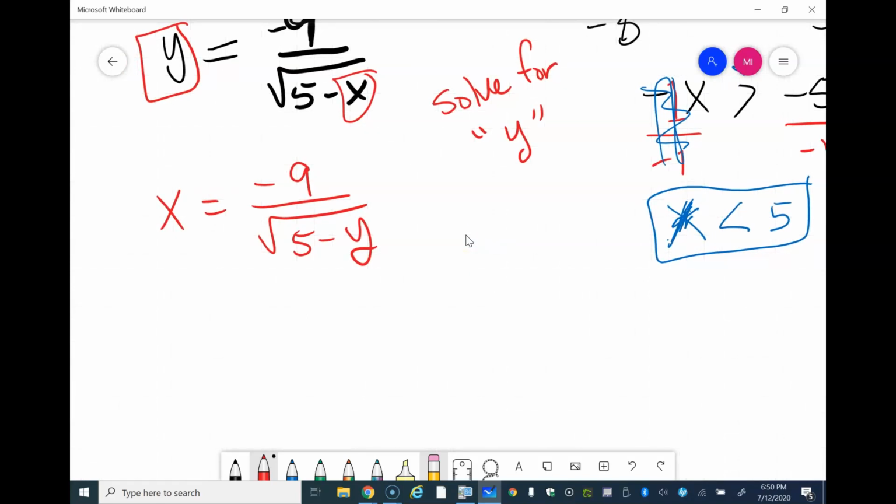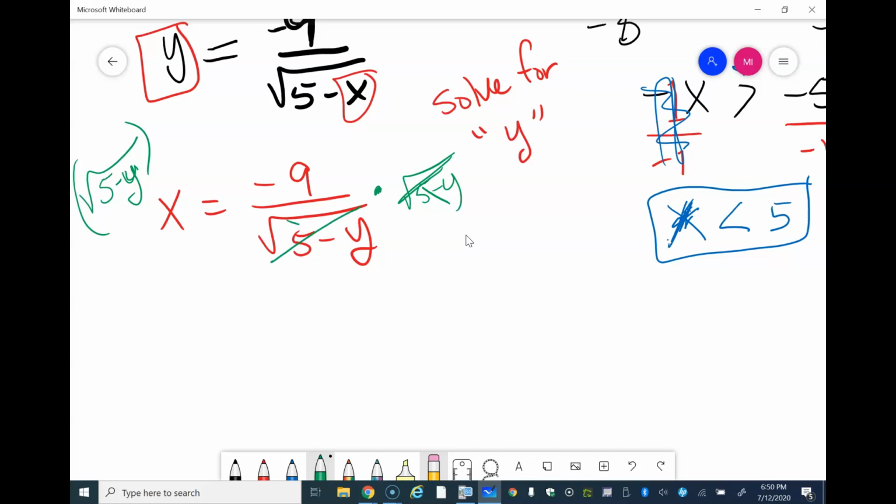The first thing we want to do is multiply. To get rid of anything in the denominator, we're going to multiply it by itself. So we're going to times this whole thing by the square root of 5 minus y. And what you do to one side, you also have to do to the other side. So you have the square root of 5 minus y over here, so that this will cancel out with this one.